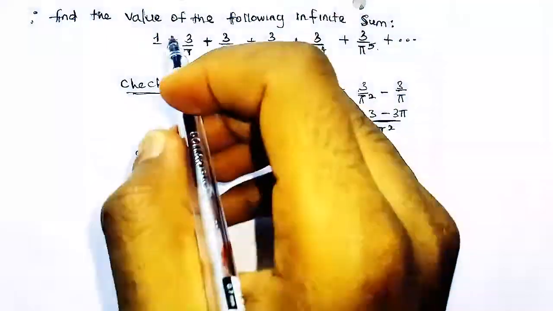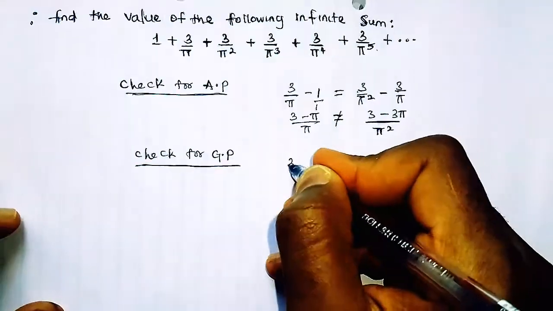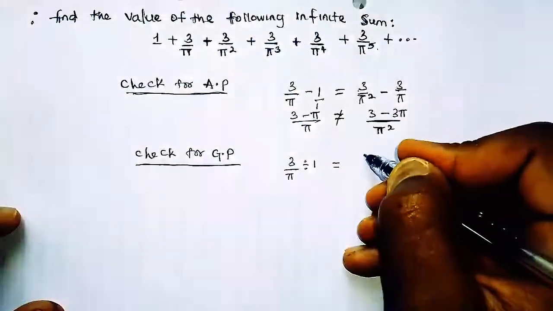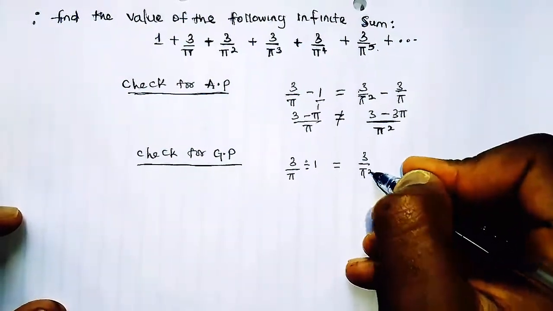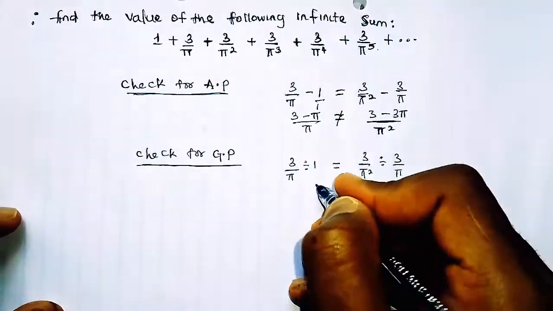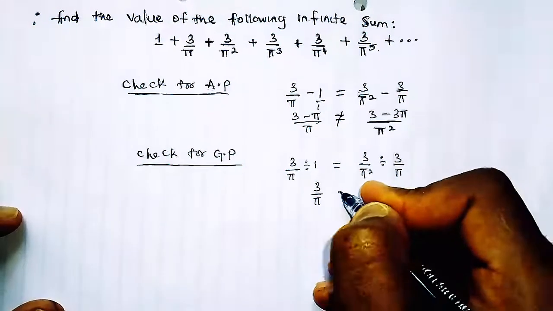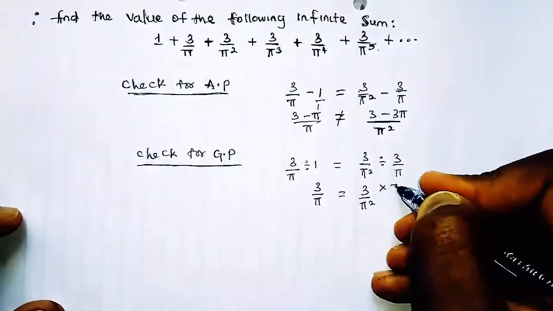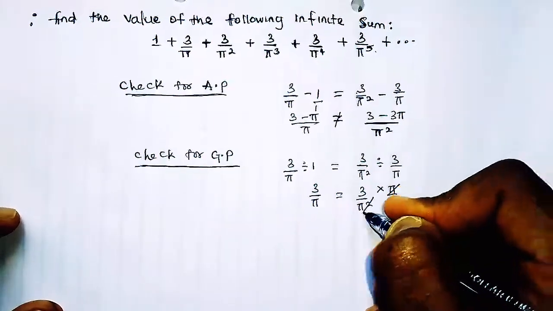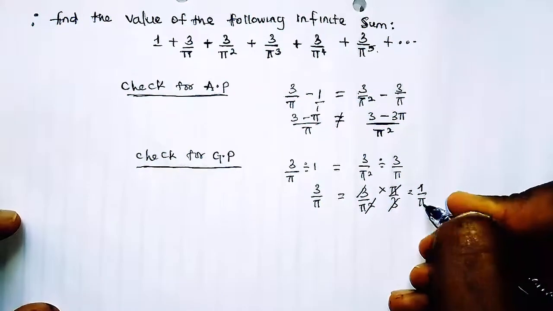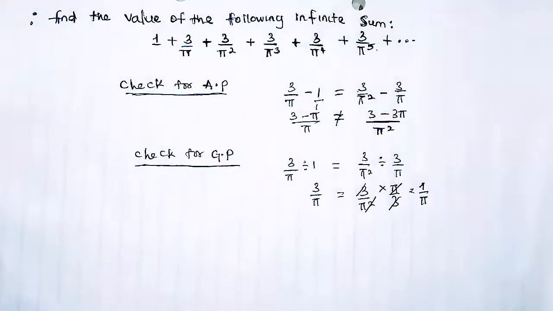The second term divided by the first term is 3 over pi divided by 1, and this should be equal to 3 over pi over 2 divided by 3 over pi. This divided by this gives me 3 over pi times pi over 3. The pi's cancel, so I'm left with 1 over pi. You see that they are not equal.